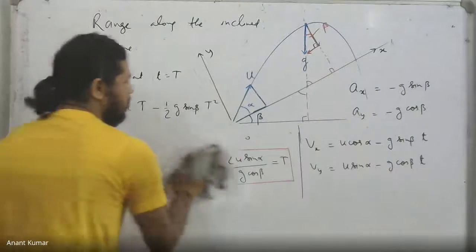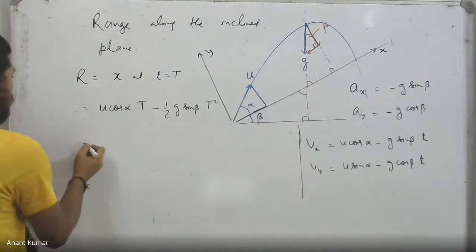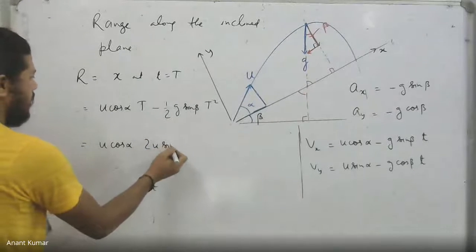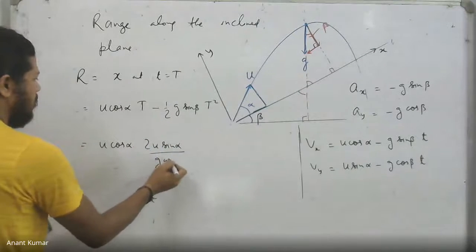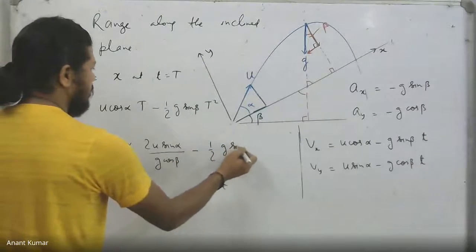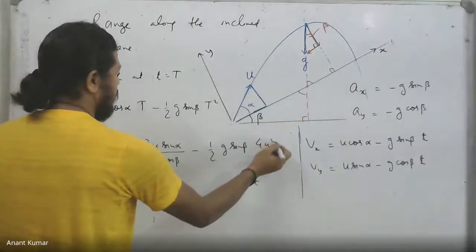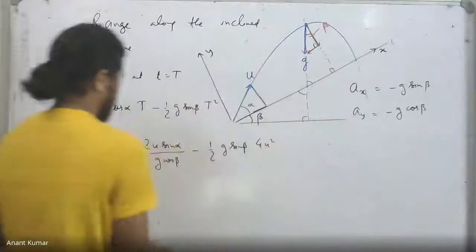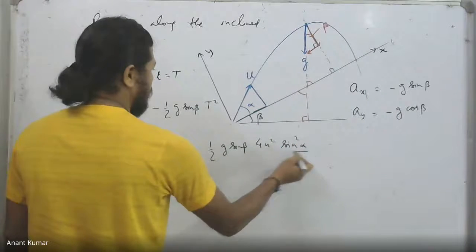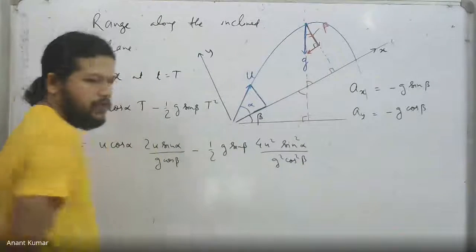If I put it in, that gives us u cos alpha into twice u sine alpha by g cos beta, minus half into g sine beta into T square, which becomes 4u square sine square alpha divided by g square cos square beta. That is what we have.